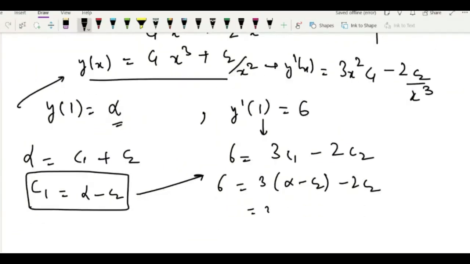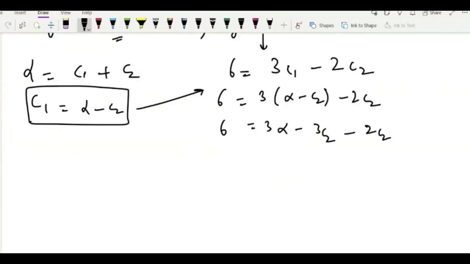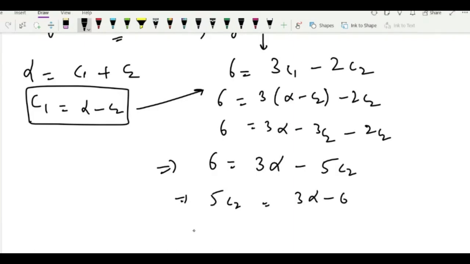So we get 3 alpha minus 5c2. So finding the value of c2, 6 is equal to 3 alpha minus 5c2, which will give 5c2 is equal to 3 alpha minus 6, and which gives c2 is equal to 3 alpha minus 6 upon 5.